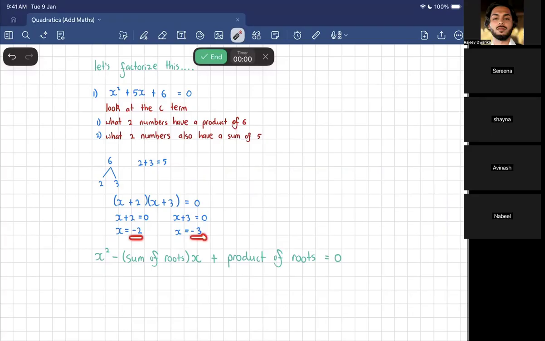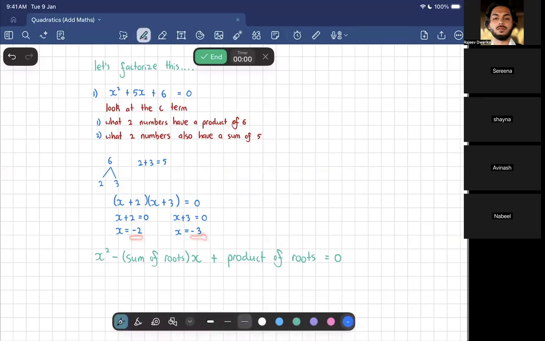Positive 6. Right. So let's test this theory that we came up with. So x squared, the sum of the roots. Nabil, how would the sum of the roots be? Minus 2 plus minus 3. Right, minus 2 plus minus 3, x, right, plus the product of the roots.